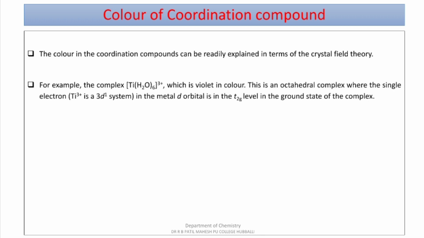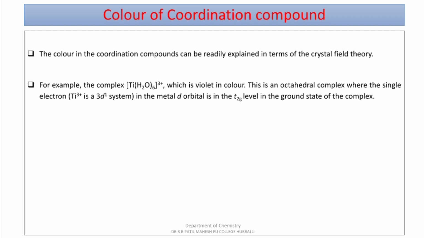For example, in the complex [Ti(H2O)6]3+, which is violet in color, this is an octahedral complex where the single electron from the Ti3+ oxidation state is present in the 3d system, that is, a 3d1 electron.